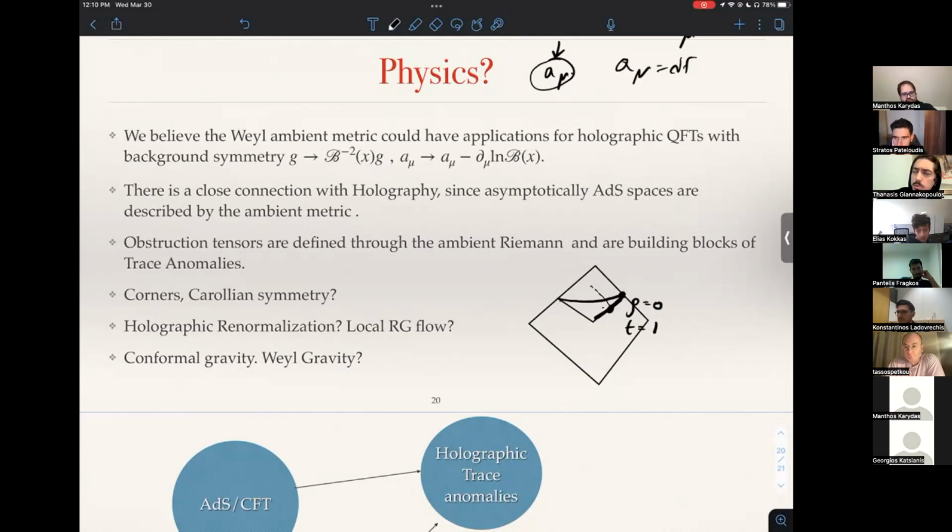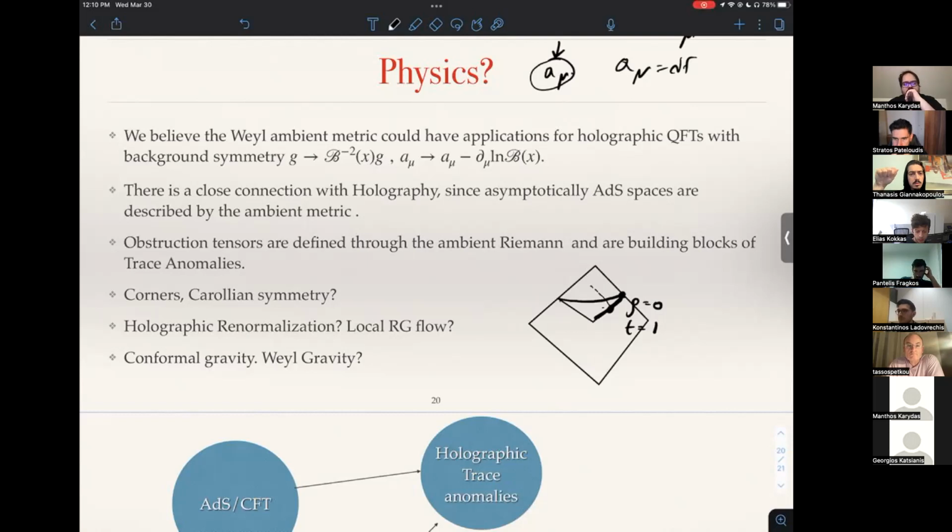Maybe to make it more specific, when someone is talking about BMS charges, these are quantities that are defined in the asymptotic boundary of asymptotically flat spacetimes, like future null infinity or past null infinity. But then I guess if you were to talk about corners in this framework, it would be at spatial infinity, right?